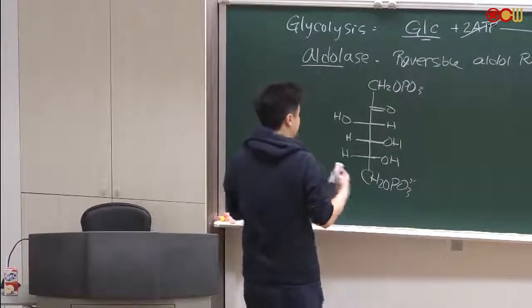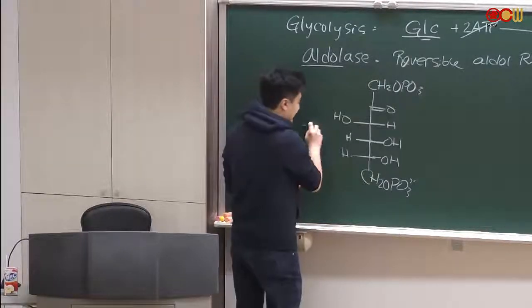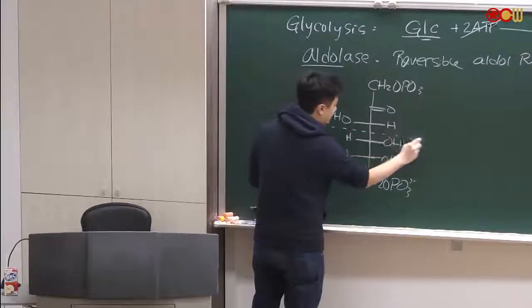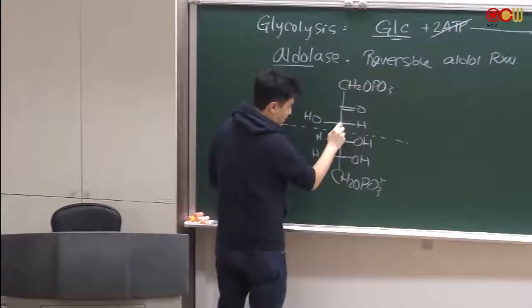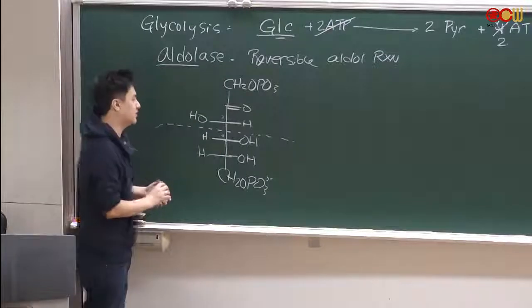And then obviously the end product is 3 carbons and 3 carbons, right? So it's two 3-carbon molecules. So obviously, we're going to somehow get rid of the bond between carbon 3 and carbon 4. Okay, so that's what we're going to do.